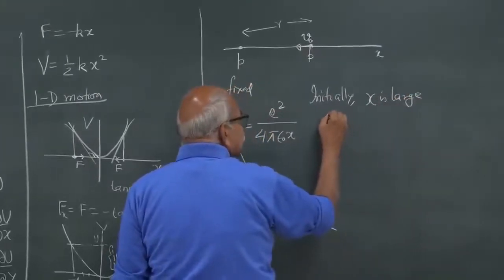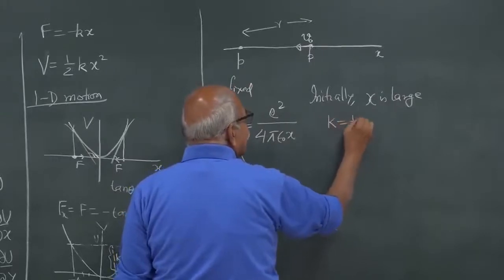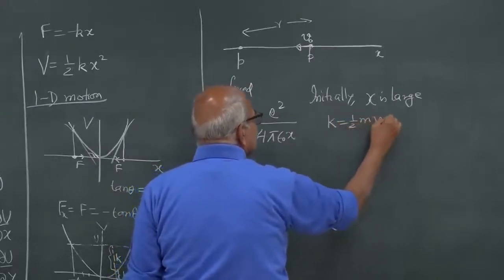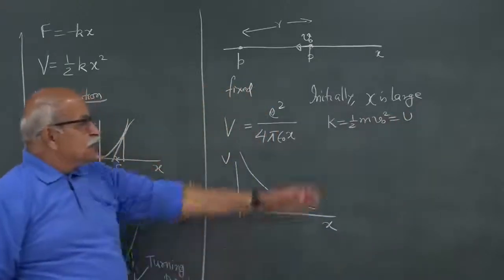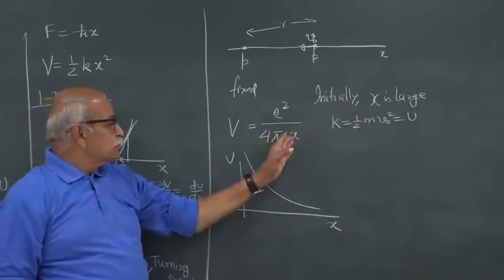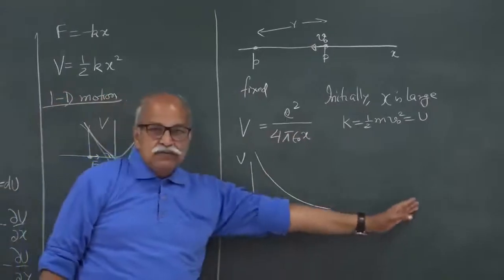The kinetic energy K is half m v naught square, and this is also the total energy, because for large x the potential energy is tending towards 0.